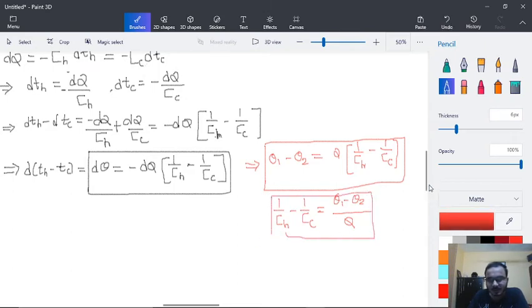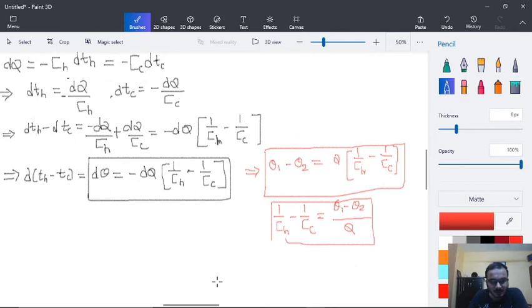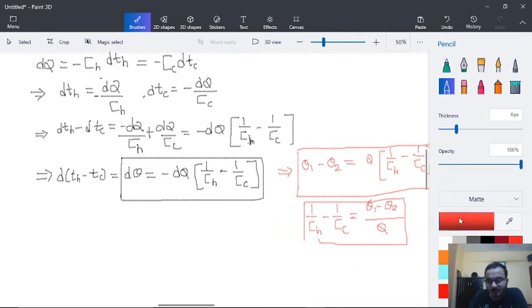Now here we were having the value of dq that is written over here. We can write down d theta is equal to minus u a theta, this is u not v, u a theta into 1 upon ch minus 1 upon cc.